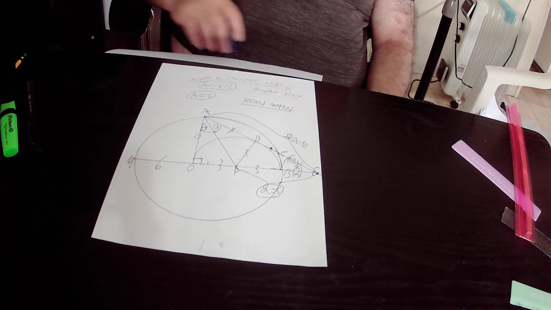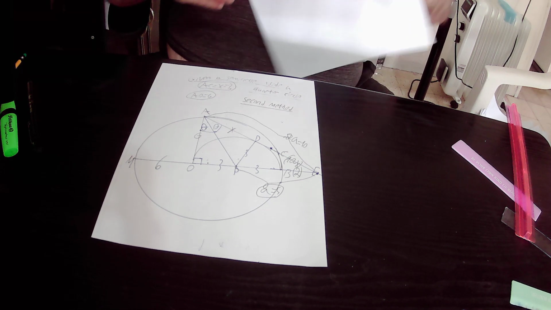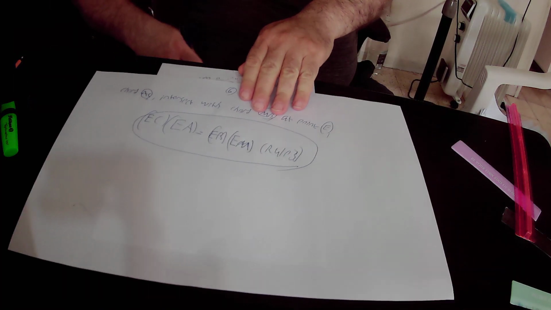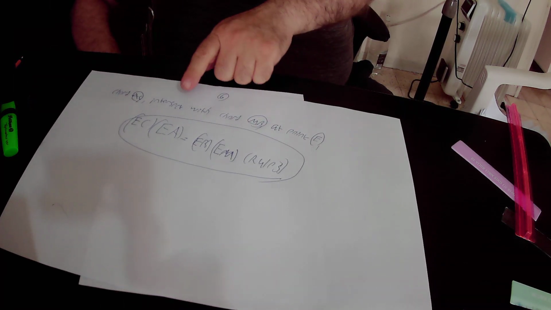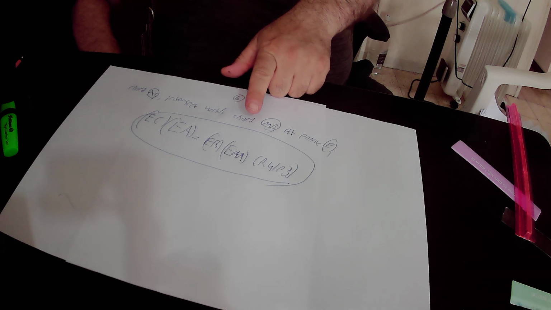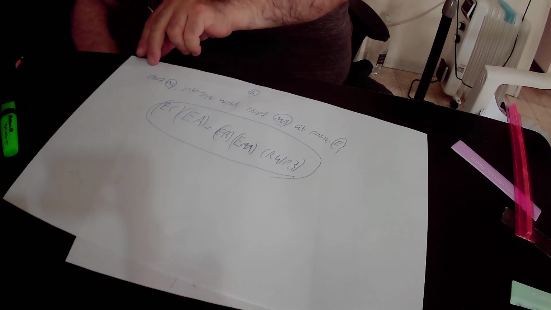I repeat again that according to rule number 3, EC times EA equals EB times EM. Okay?